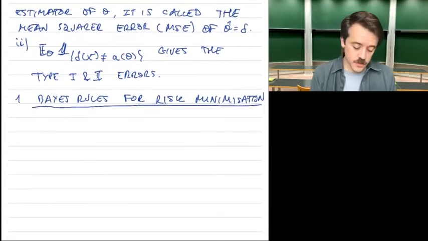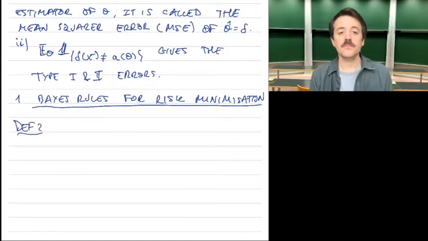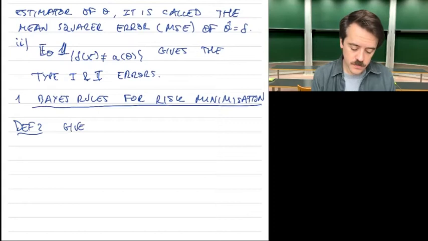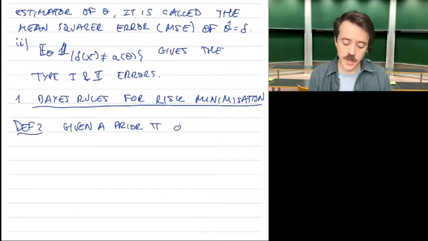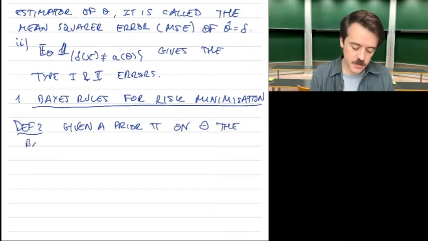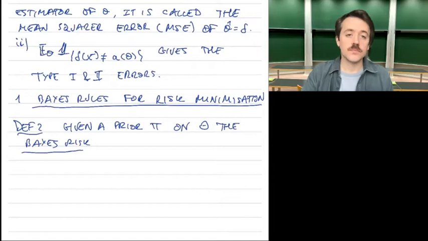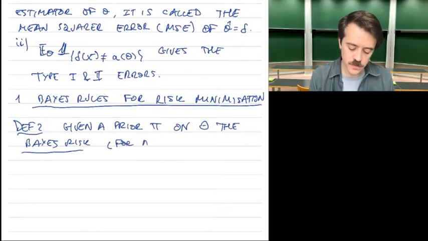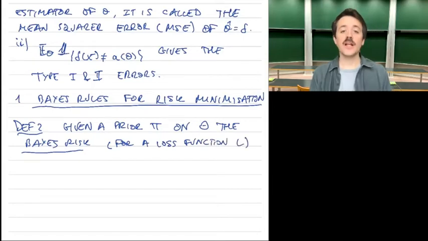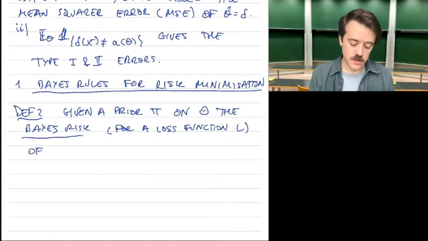Okay. So definition. Given a prior pi on the parameter space, of course, the so-called Bayes risk, and of course this is implicitly for a given loss function, capital L, of some delta, is given by the following.